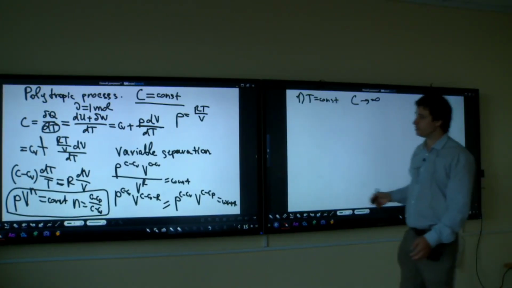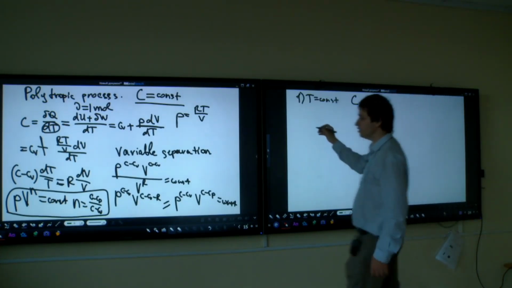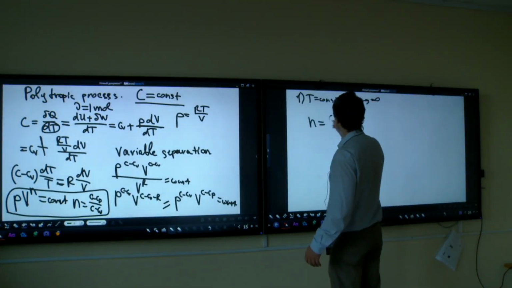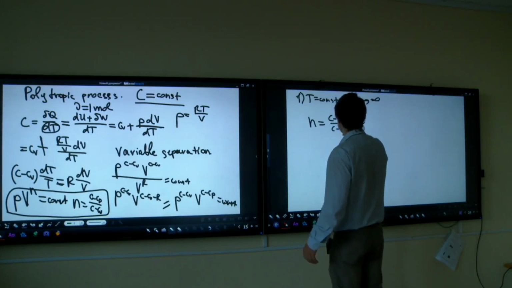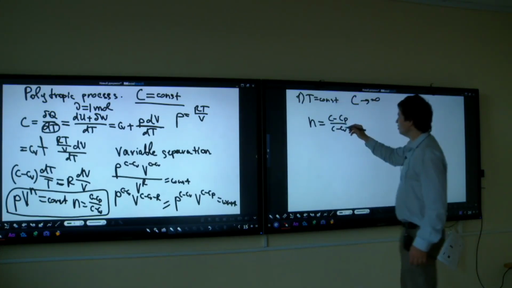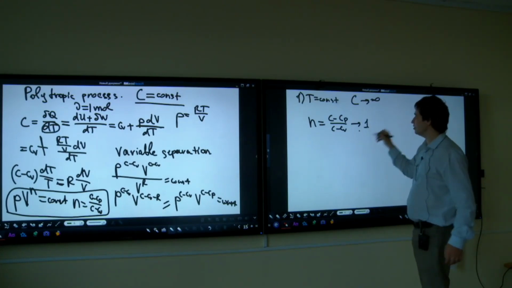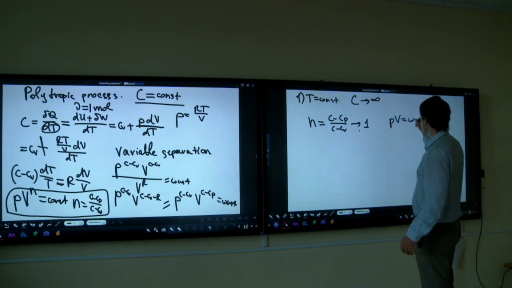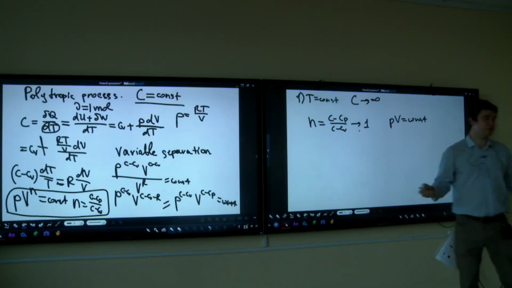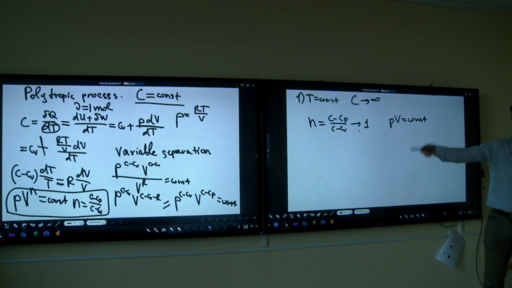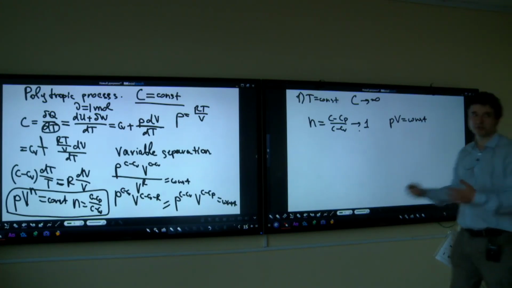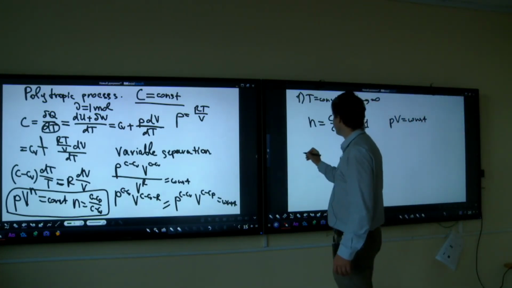So if I take C equal to infinity, then my polytropic exponent, C minus Cp over C minus Cv, is 1. So I get PV equals constant. And indeed, PV equals constant is the equation for the isothermal process. So all of these processes are particular cases of the polytropic process.